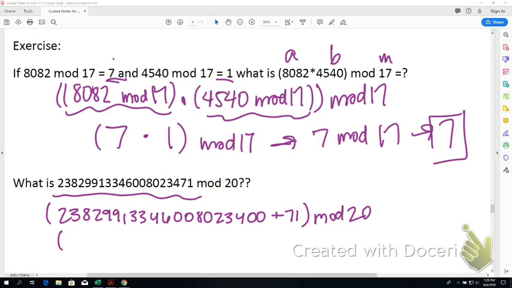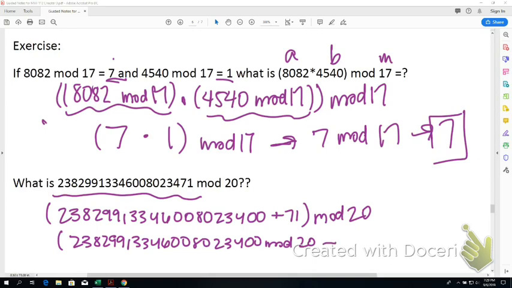So I have that really long number, 1,334,600,802,3400 mod 20 plus 71 mod 20, close parentheses, mod 20.